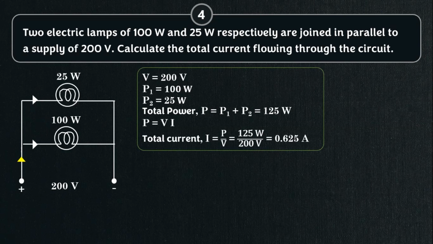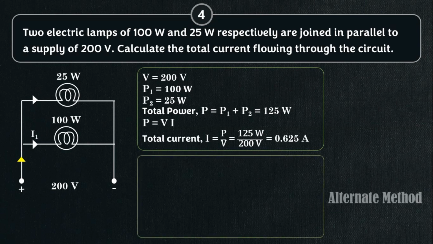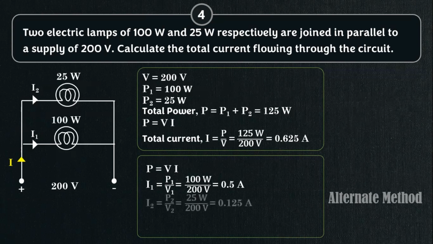Here is an alternate method to find this. Let I1 be the current flowing through 100-watt bulb and I2 be the current flowing through 25 watts bulb. Then we can use the formula P is equal to VI. I1 is equal to P1 divided by V1, which is equal to 100 watts divided by 200 volt, that is 0.5 ampere.